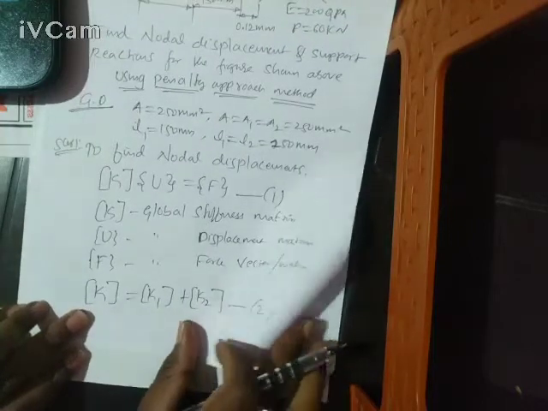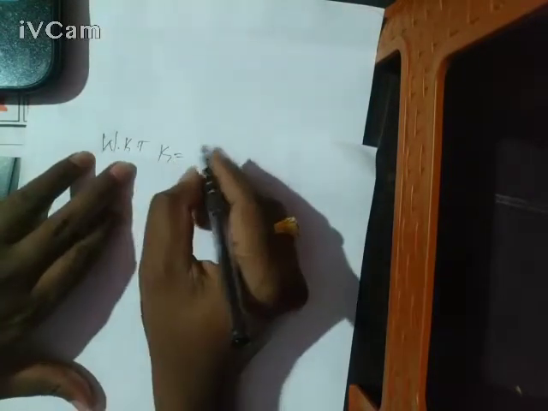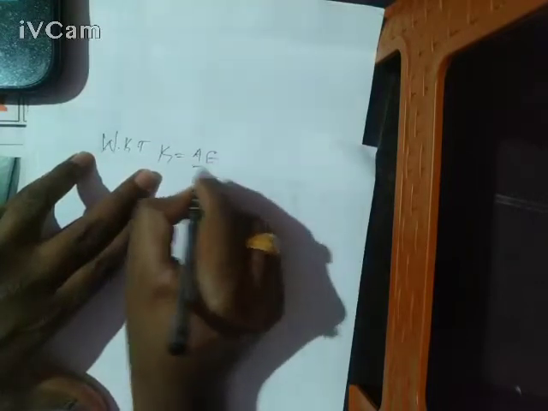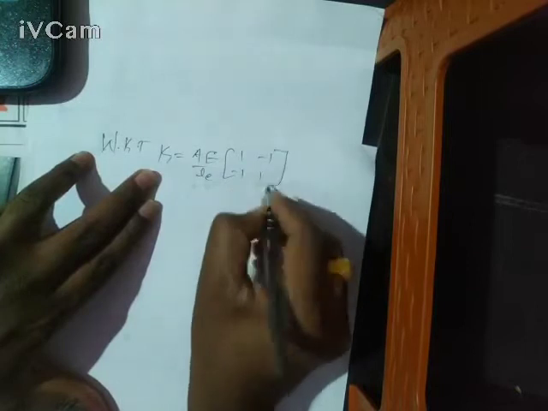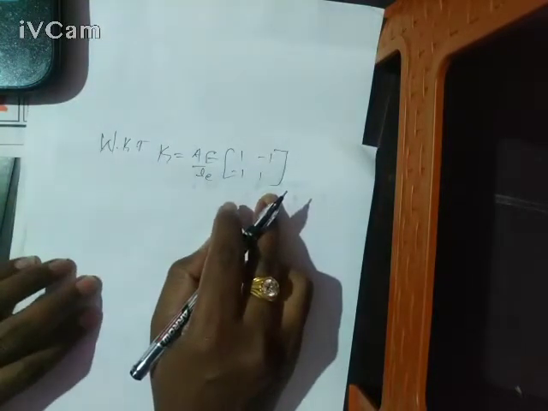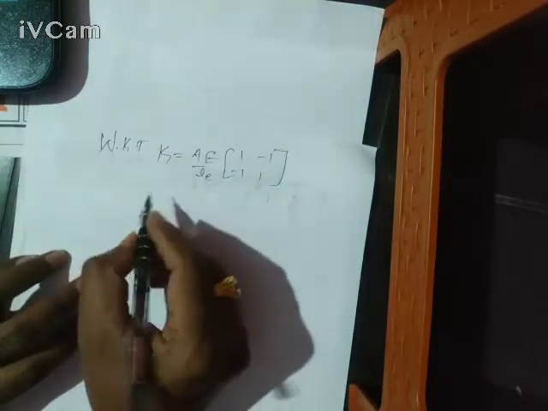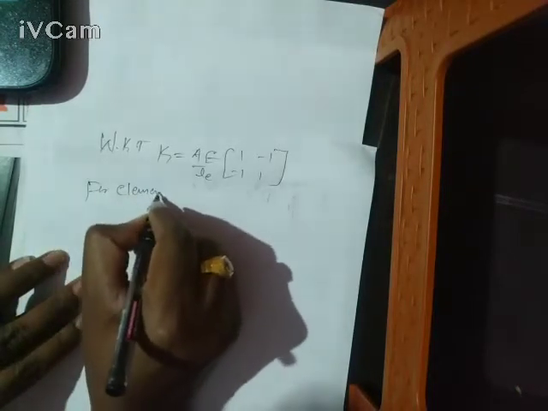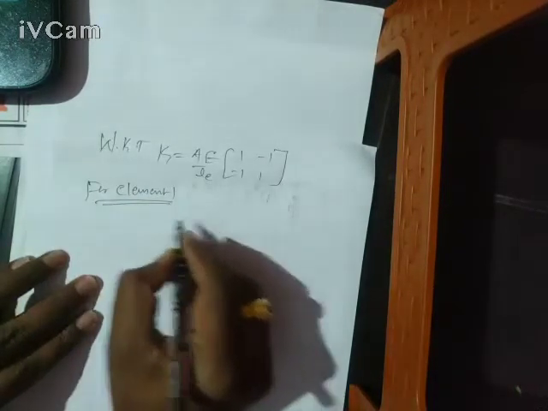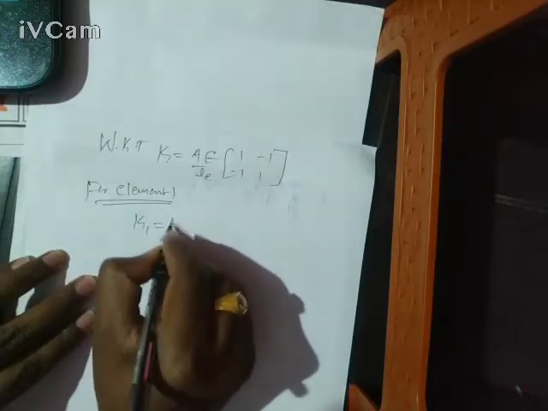We know that the K formula is AE by LE into [1 -1; -1 1]. I have done this derivation in my previous lecture. So for element 1, what is K1?